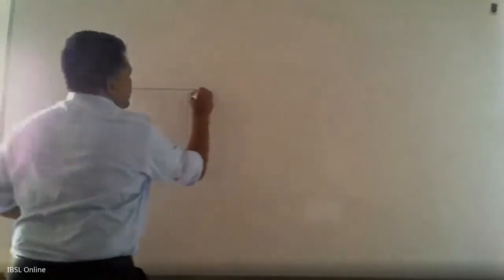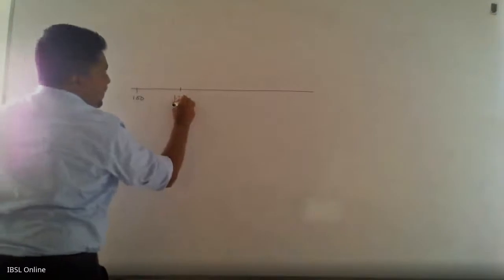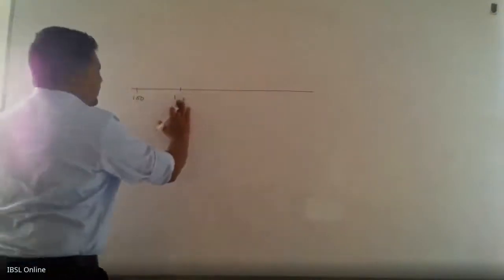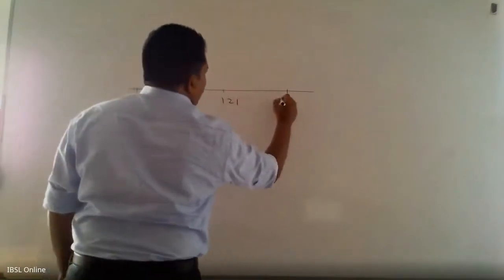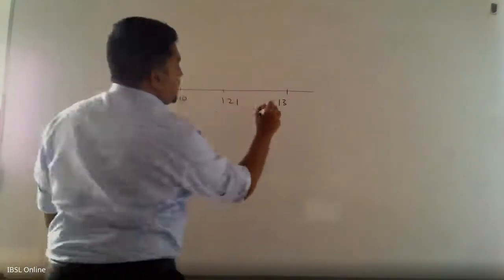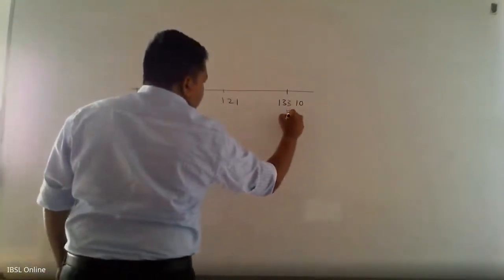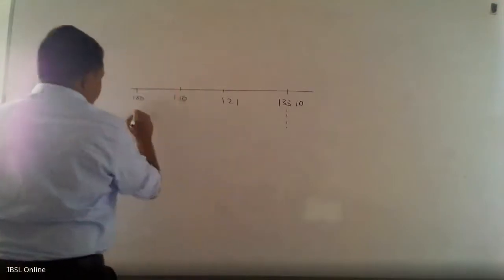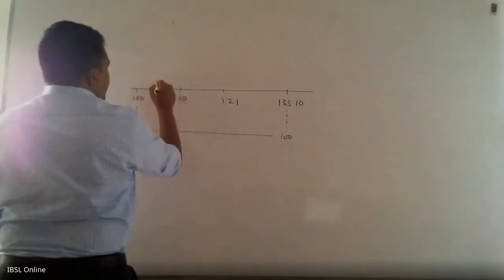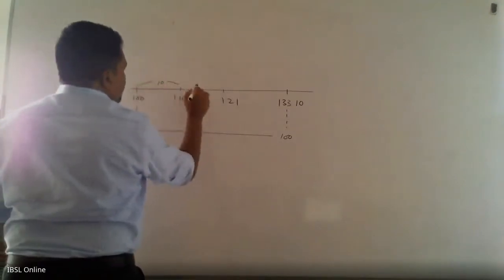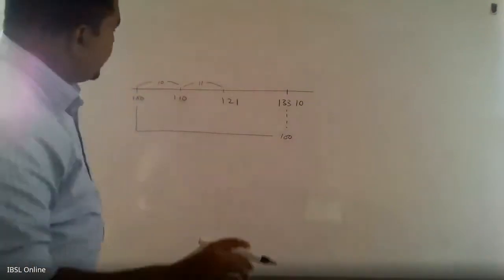So you have the 100 here, and 110 here, then we have 121 here, 133.10 here. If you try to decompose this 133, we have the 100 that came from here, that's fine. So we accumulated 10 rupees from here to here, 11 rupees from here to here, and then 12.1 from here to here.